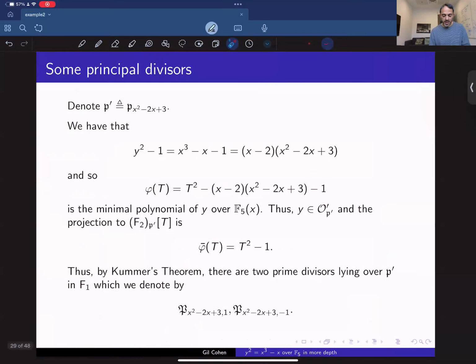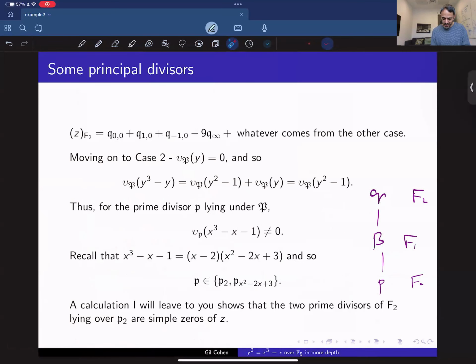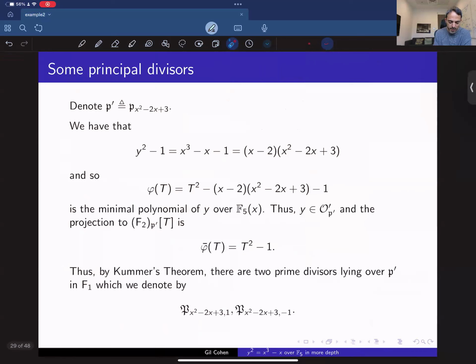And now as for the more intriguing prime divisor, let's denote it by P prime because it's kind of long. So what do we know? We know that y squared minus 1 is x cubed minus x minus 1, which factors like that. I'm shooting for using Kummer's theorem, so I'm trying to go somewhere here.